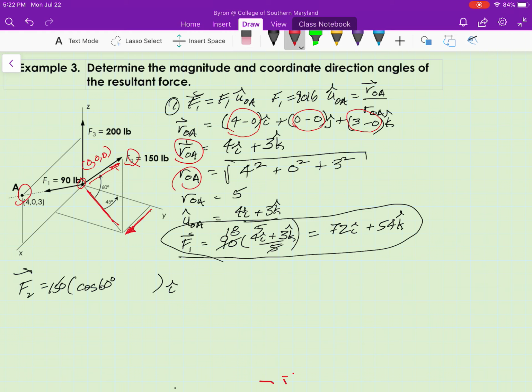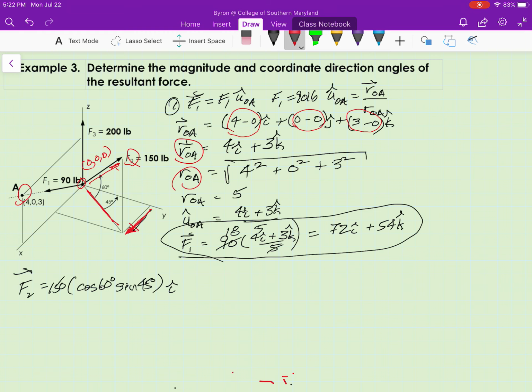And then if I take that distance and multiply it by the sine of 45, that will get me this distance here. Now let's look at that.